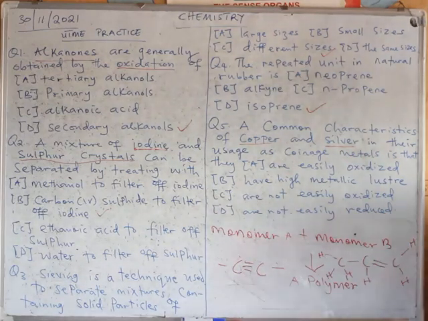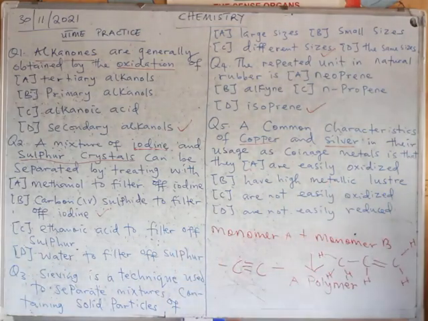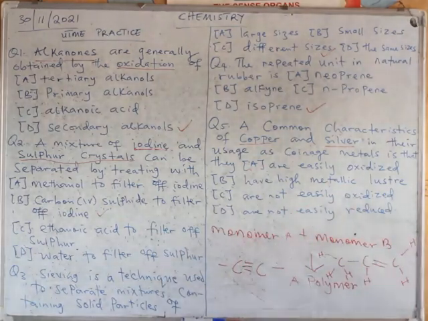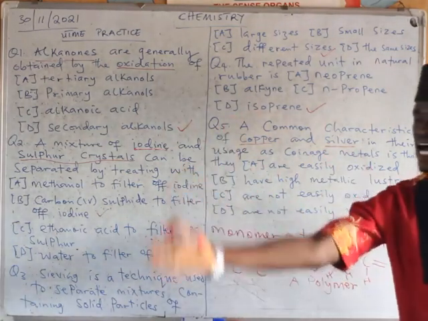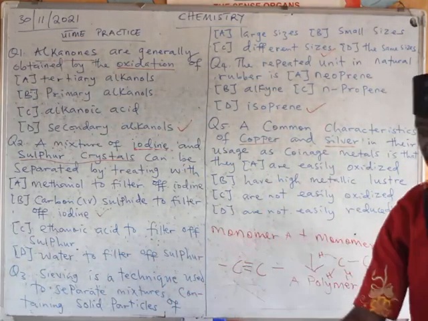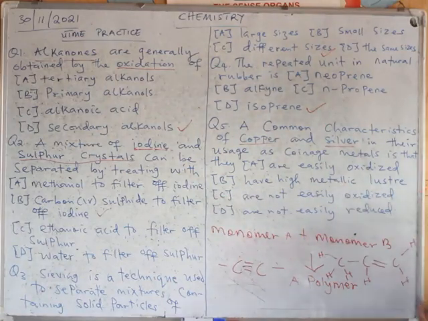That is what the question is saying. Easily oxidized simply means oxygen can easily be added to them, thereby forming oxides. Is that the reason? Option B, have high metallic luster.